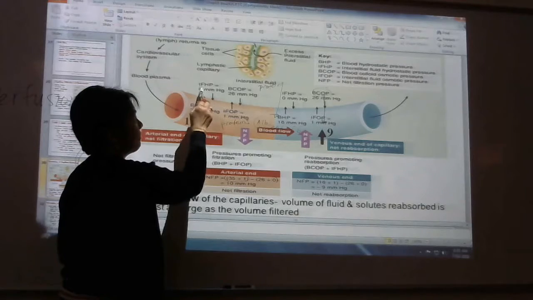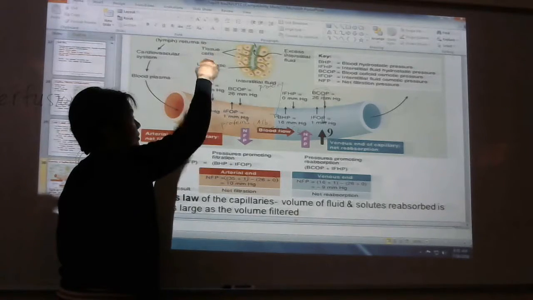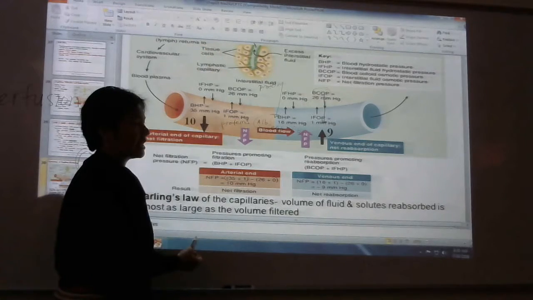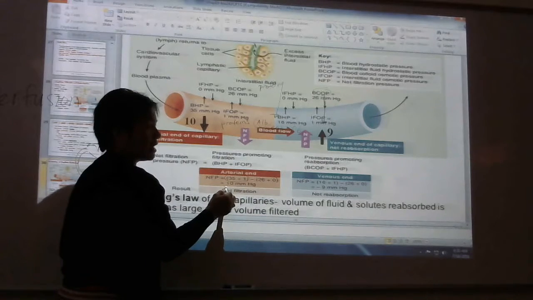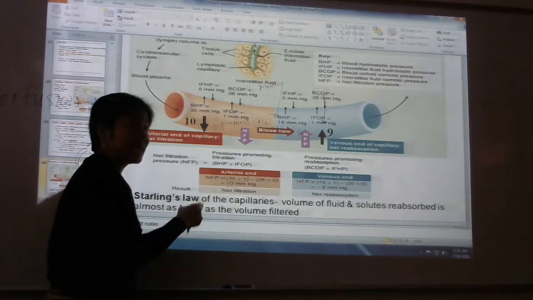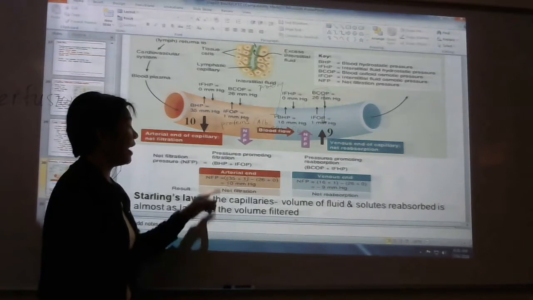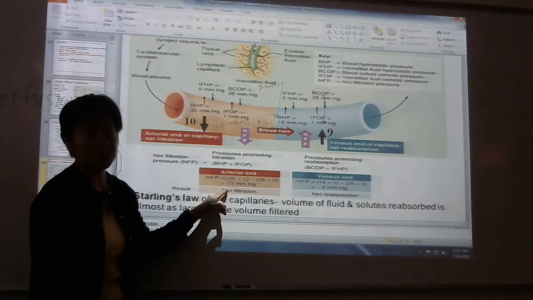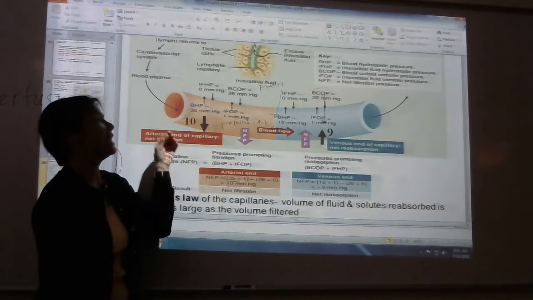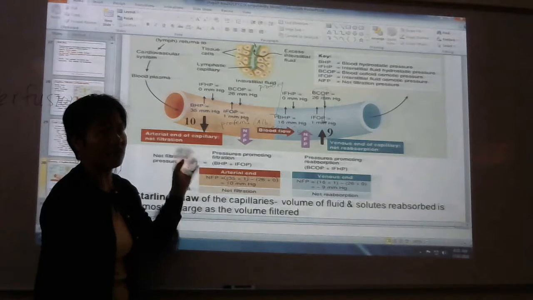This interstitial fluid hydrostatic pressure, maybe there's pressure pushing it there. So the net result is 10. This is a positive number. So a positive pressure is normal in the arterial end of capillaries.